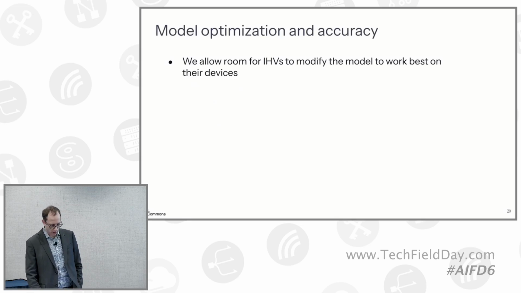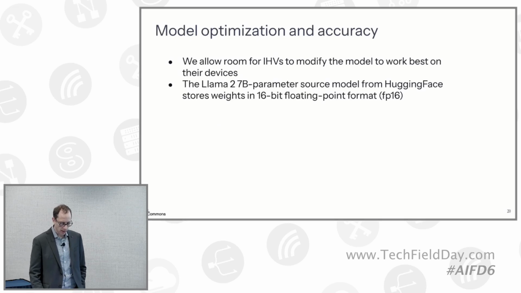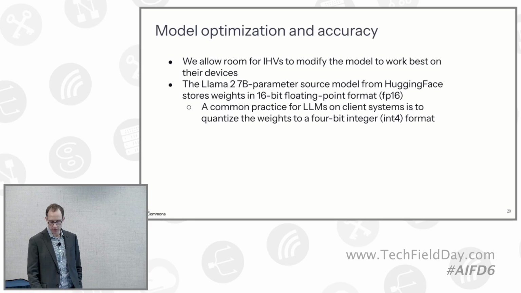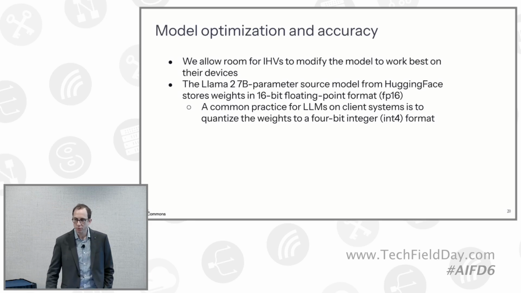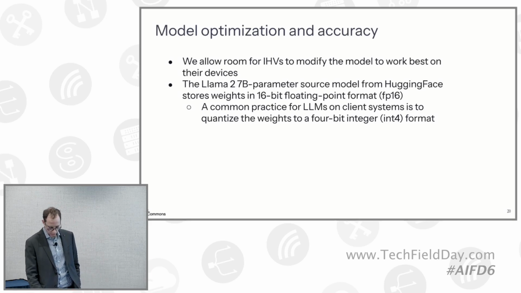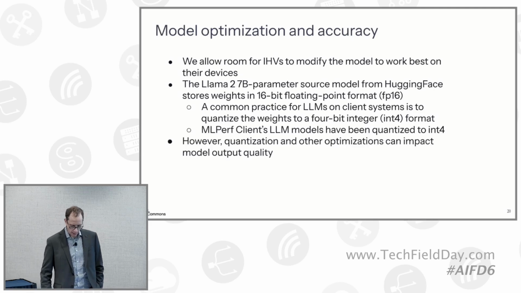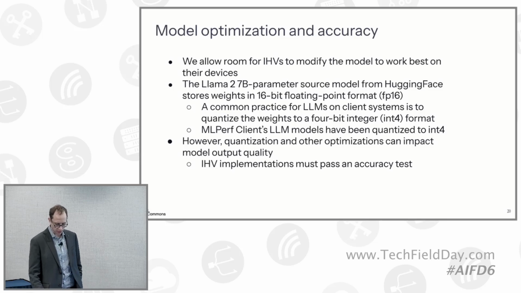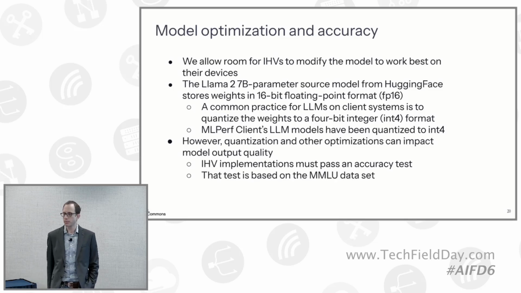We allow IHVs to modify the model to work on their devices. We start with LLaMA 2 7 billion FP16, and then we allow down to 4-bit integer quantization, which we've seen being useful in various cases. But because of the impact on accuracy, we have the accuracy test using MMLU.